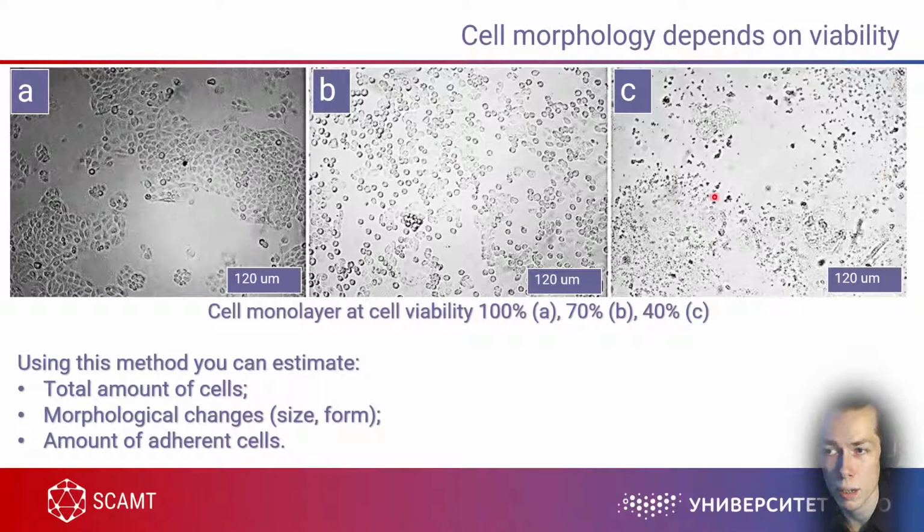And on this image, you cannot even observe some cells, but according to MTT, 40% of cells survived. So it's some kind of mismatch between these two observations. Here like 100% of cells are dead, and according to MTT, still 40% survived. And we will discuss it in detail.